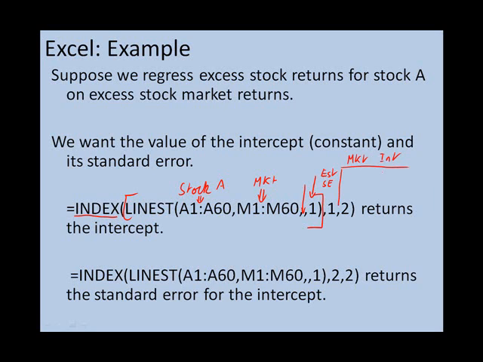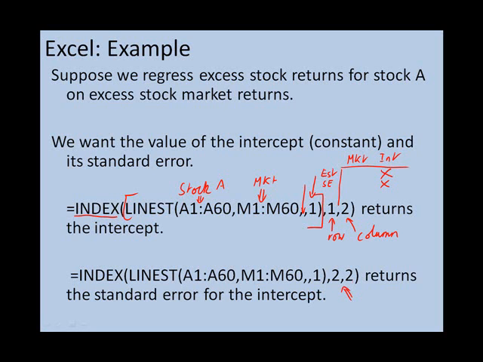We want this number here, which is going to be row 1, column 2. If we want to get the standard error for this estimate of the intercept, we're going to have to look in row 2, column 2. And that's what we're doing here.